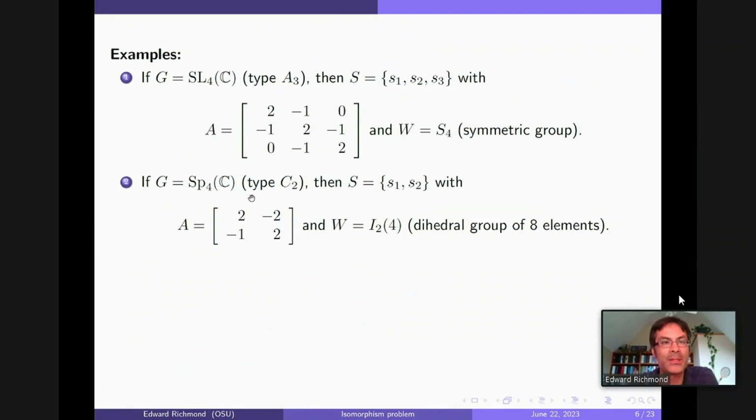Okay, so here are some classic examples. We can take G to be the special linear group SL4, this is type A3. It has 3 generators, 3 simple roots, and if you look at this matrix, the rows are ordered top to bottom and left to right, 1, 2, 3.